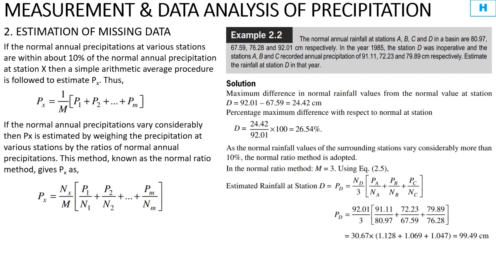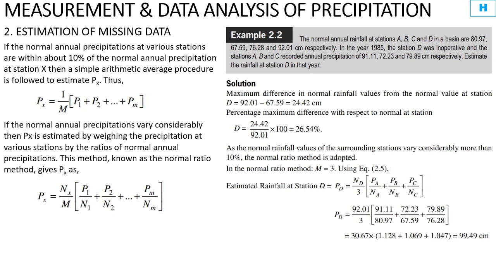So, first, kailangan mong i-check if anong formula ang gagamitin mo, itong or ito. So, how do we do that? Kailangan mong kunin yung difference nung normal annual precipitation ng missing data nung D minus yung lowest record doon sa kasama yung station, and that is 67.59.